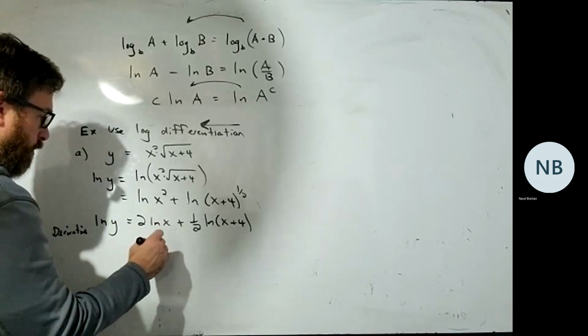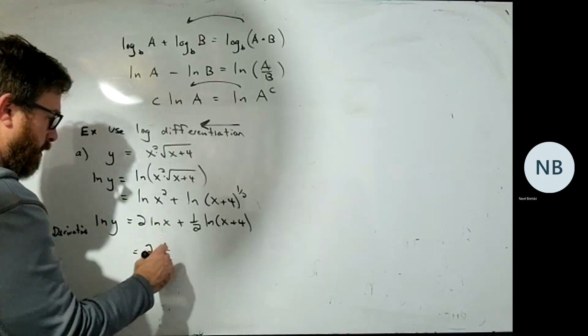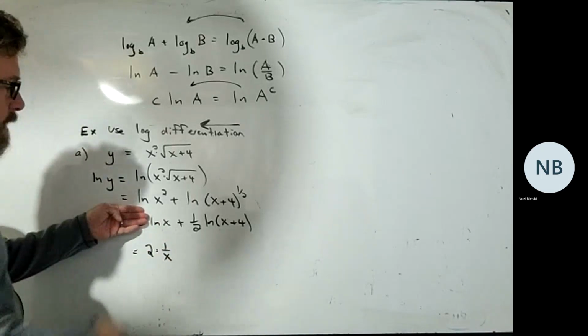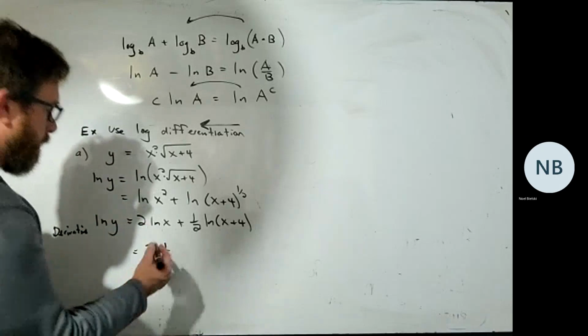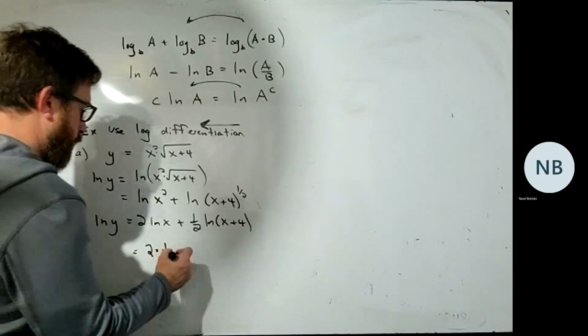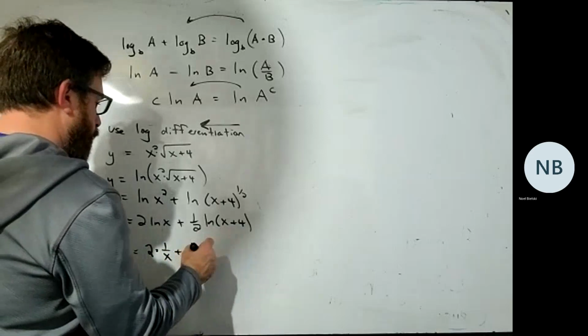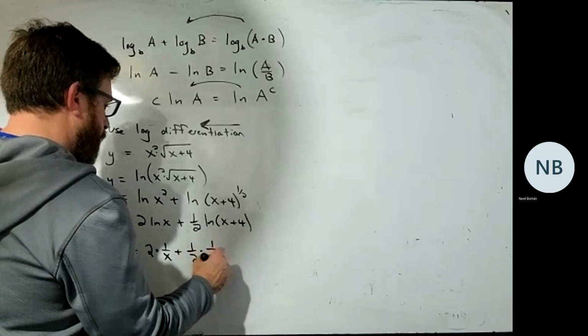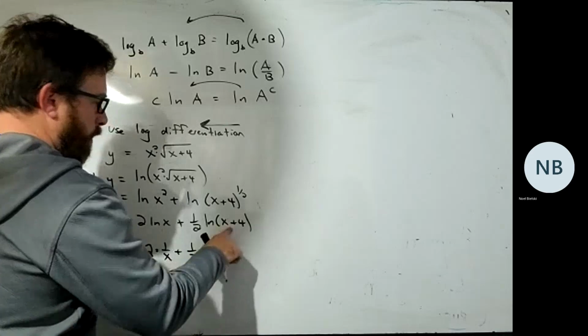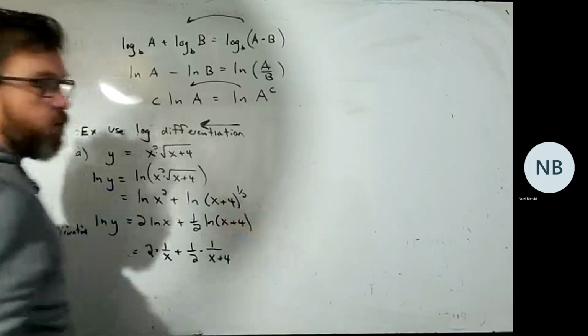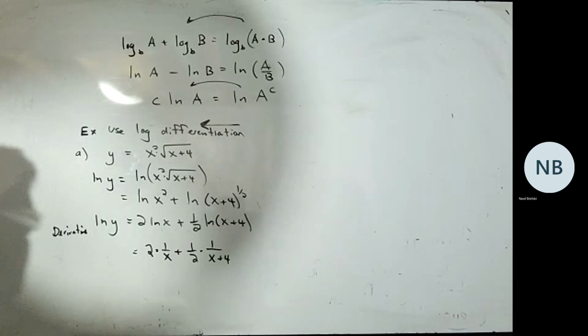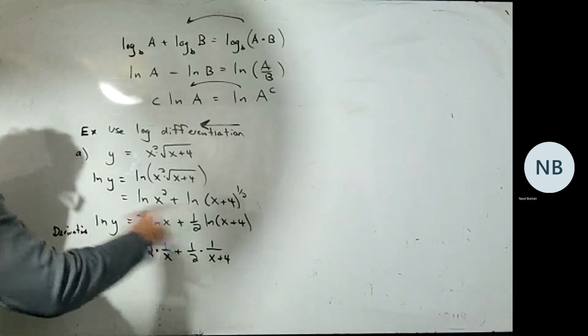So this would be 2 times 1 over x, because this is a constant, so you can just ignore the constant, take the derivative, and put the constant back in. And this would be the same thing, 1/2. The derivative of the natural log of something is going to be 1 over that something. Of course, times the derivative of what's inside, but the derivative of x plus 4 is 1, so it's a little bit nothing. So that's the derivative of the right-hand side.